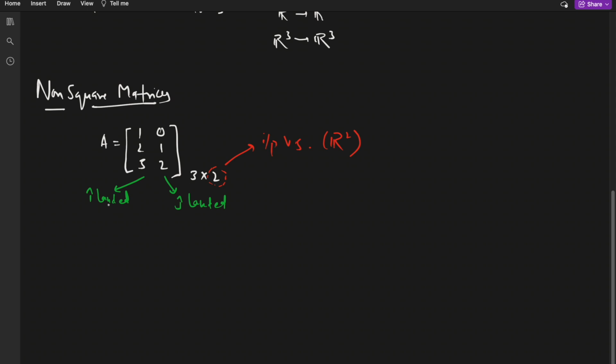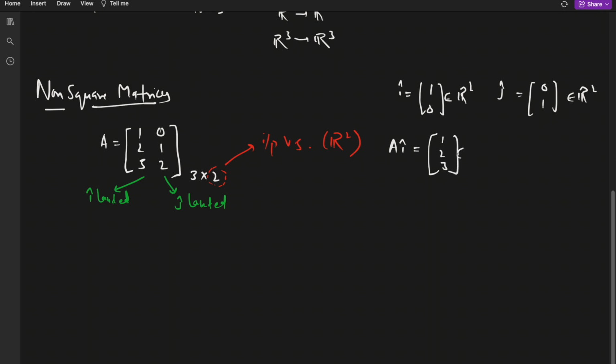So what is I hat? Before transformation, I hat is 1 0 and J hat is 0 1, and both belong to R2. But after transformation, transforming I hat with A, which is matrix vector multiplication, I am getting 1 2 3, the first column. This belongs to R3, and the same goes for J hat. If I transform J hat using A, I am getting 0 1 2, and this also belongs to R3.